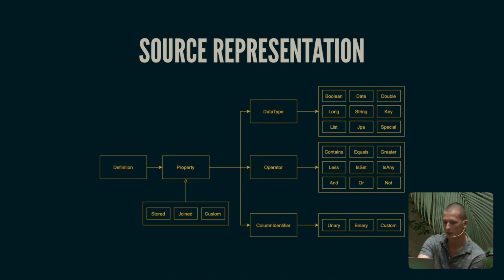And then we have the column identifier, which is essentially how to grab that column or multiple columns which refer to that data. I had to come up with this for 2 reasons. One is this custom property that I referred to before. The other is that in data store there is a term called key, and it has two parts.